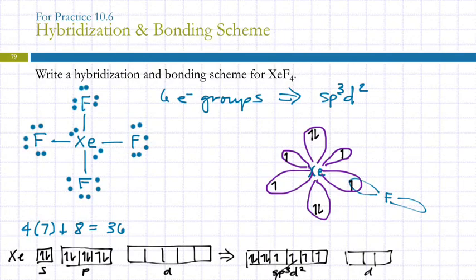If we look at fluorine's orbital diagram, S and P, fluorine has 7 valence electrons. It has 1 half-filled p orbital. And so that's what it's going to overlap with the hybrid orbitals on xenon.